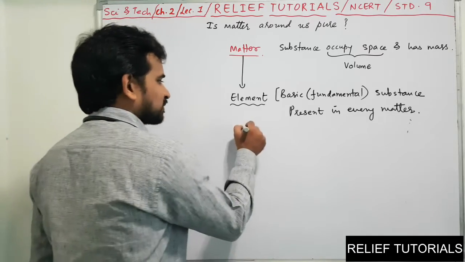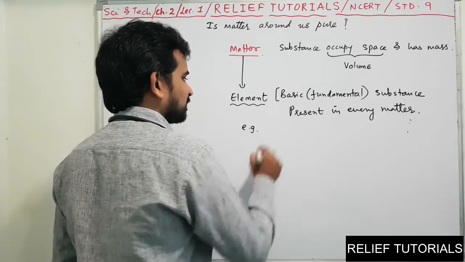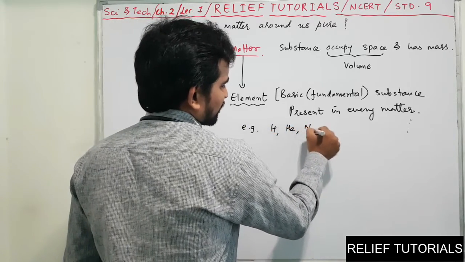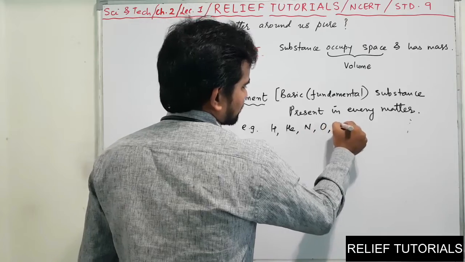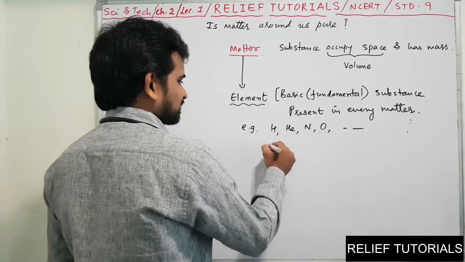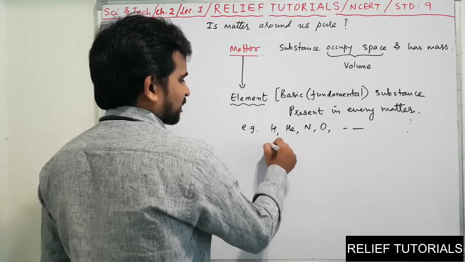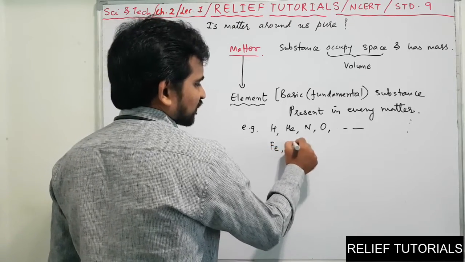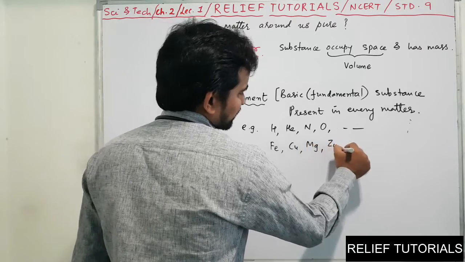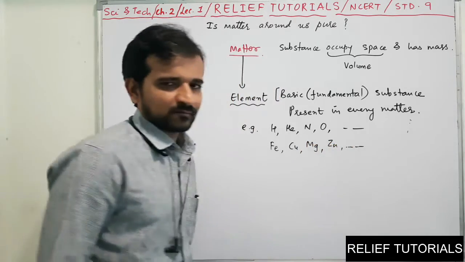Let us take some examples of element: hydrogen, helium, nitrogen, oxygen, and many more. These are some gases. Let us take some examples of solids. Let us say iron, copper, magnesium, zinc, and many metals.